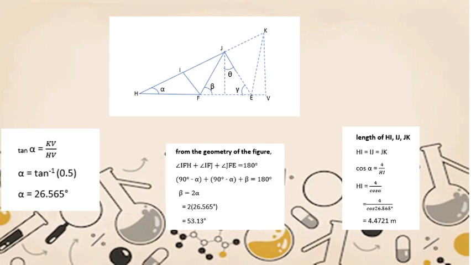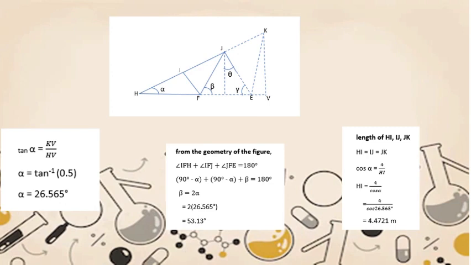We can find the beta angle, where IFH and IFJ is equal to 90 degree minus alpha. By substituting into the equation, we will obtain beta equal to 53.13 degree.